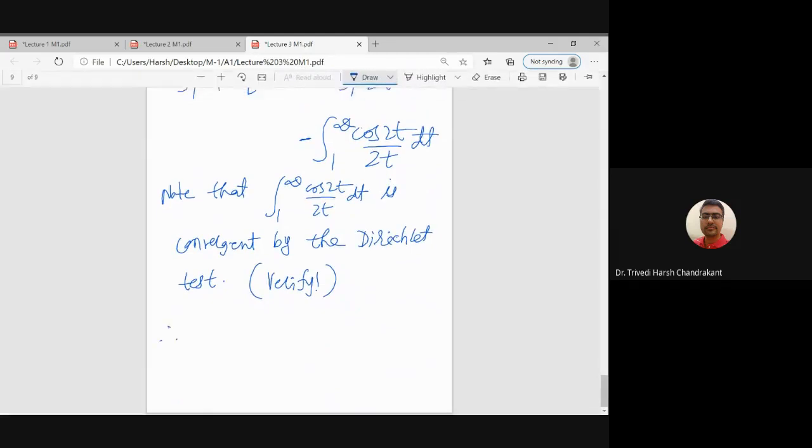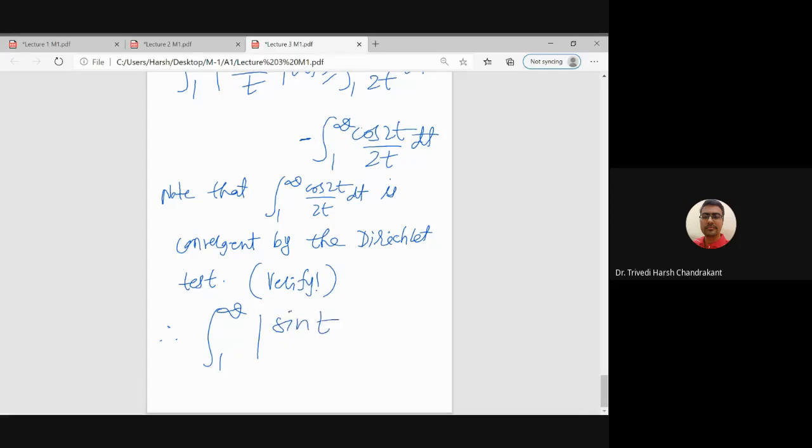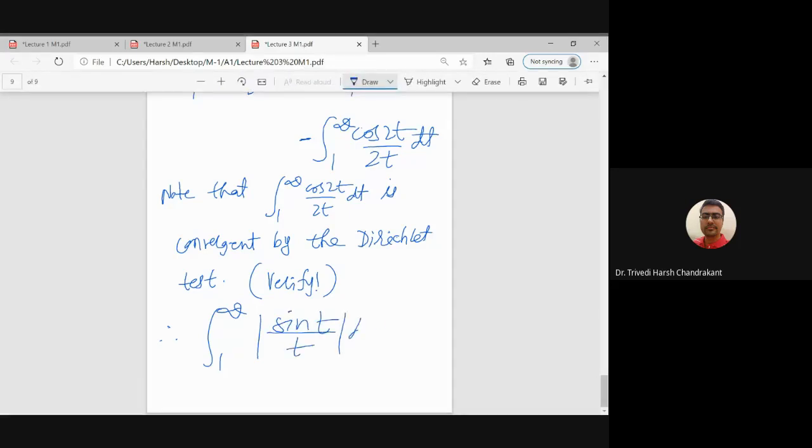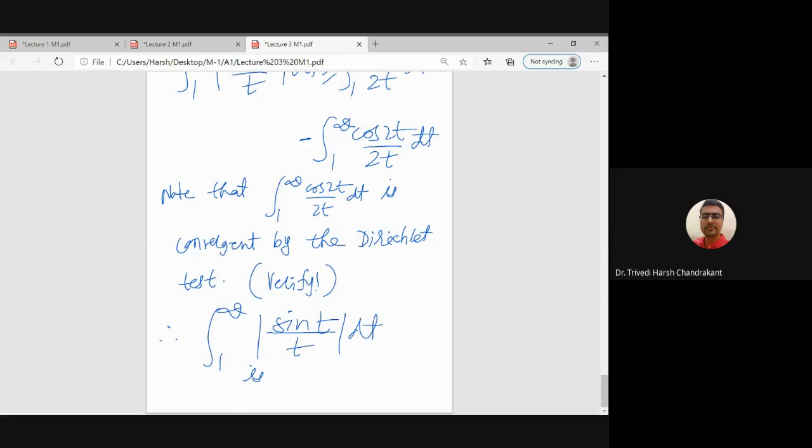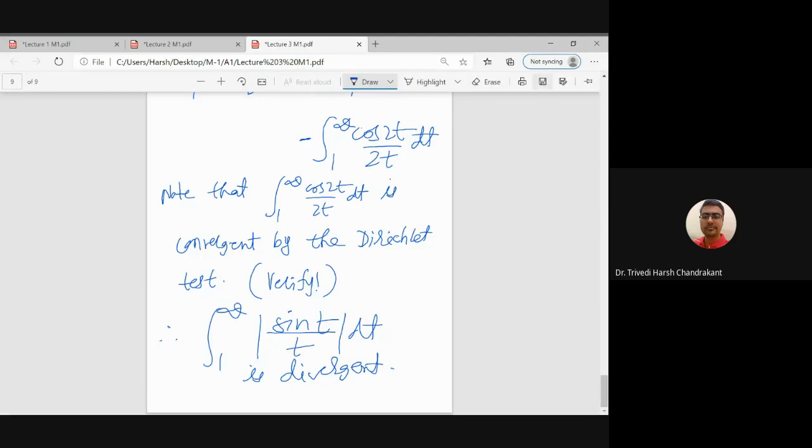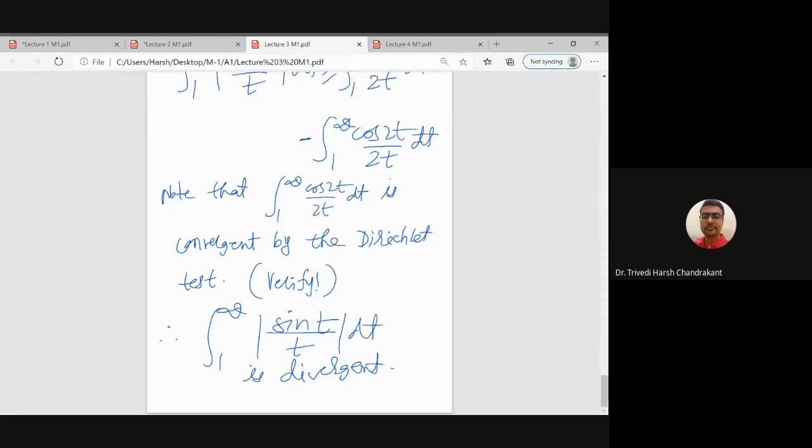Therefore the integral of modulus sine t divided by t is divergent. So this says that the given integral is absolutely divergent, right? So the given integral is absolutely divergent.